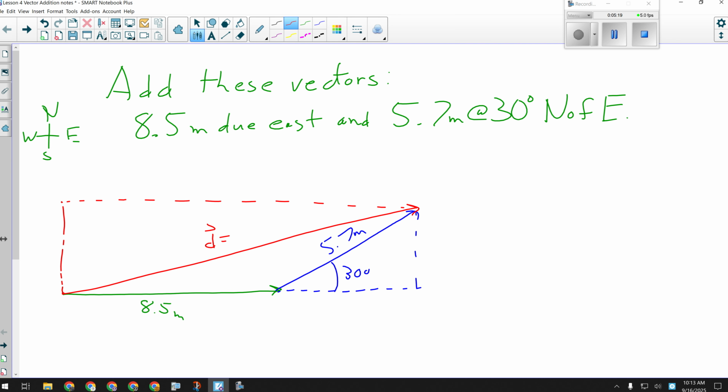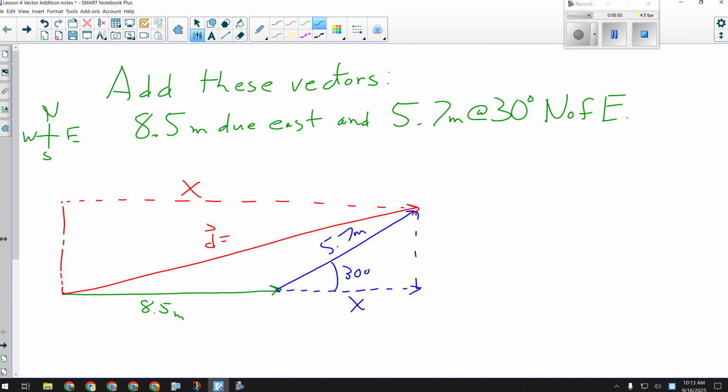All right, so here's where the new part for today comes in. If I want to figure out how big D is, I can't use Pythagorean theorem yet because I don't know how big its two sides are. But could I find out how big they are? Yeah, I could, because this side here, its x, or horizontal component, would be the sum of 8.5 meters east and the horizontal component of this line, right?